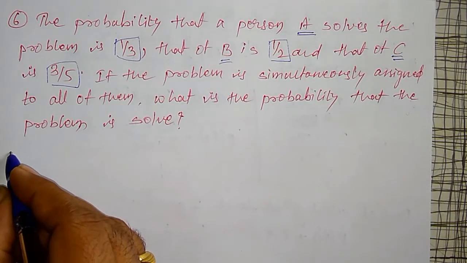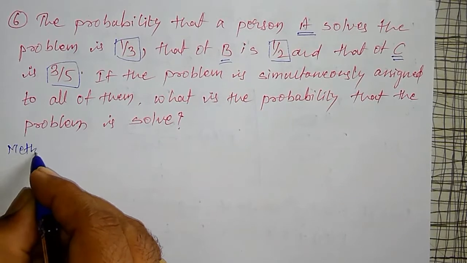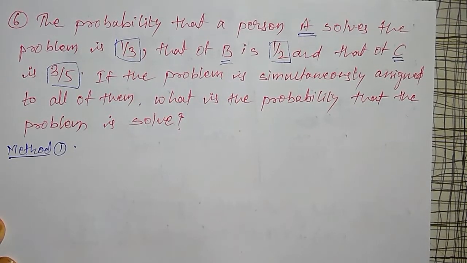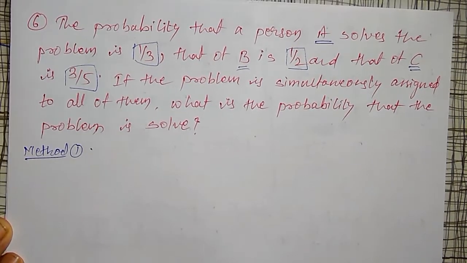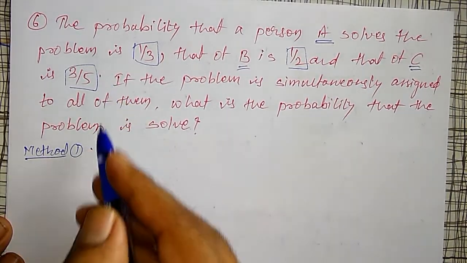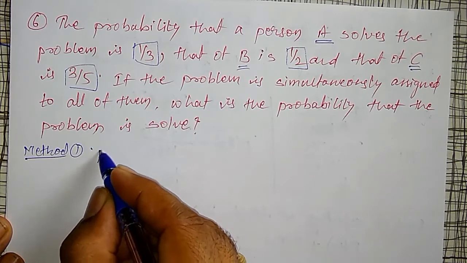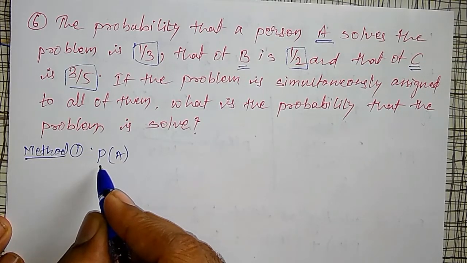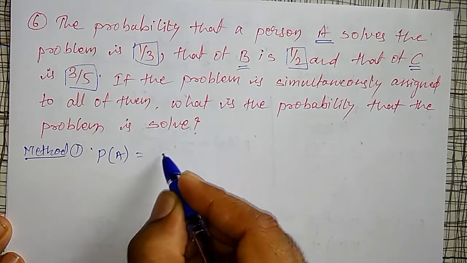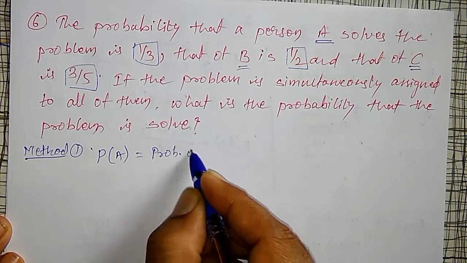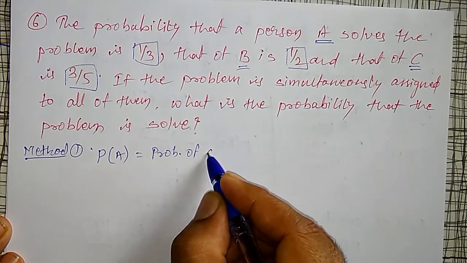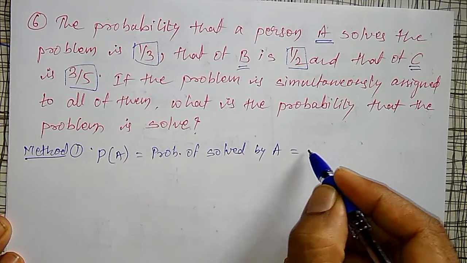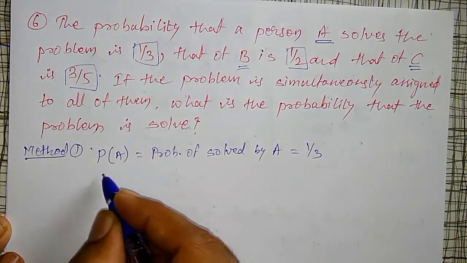First method. What they have given here then? If I am taking A here, it is the probability of solved by A, that is equal to 1 by 3 they have given.